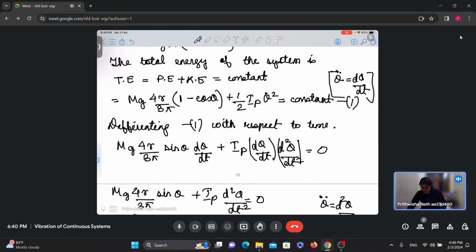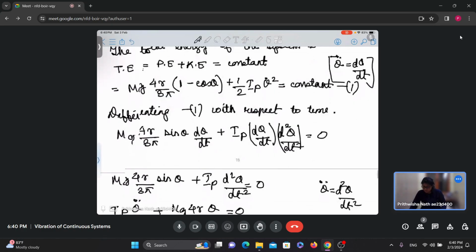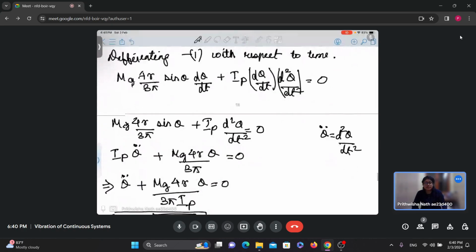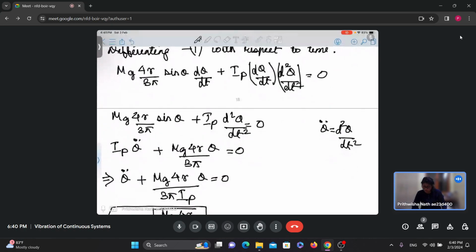So Ip into d theta by dt into d square theta by dt square. So now we finally get this in terms of mg 4r divided by 3 pi into sine theta plus Ip d square theta by dt square equals 0.